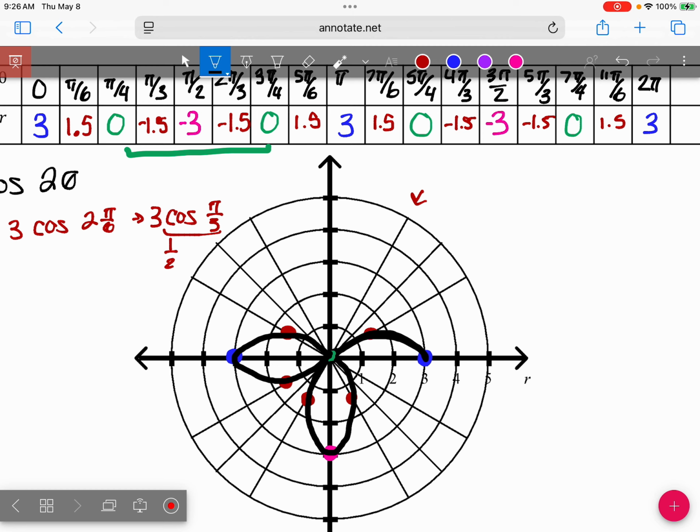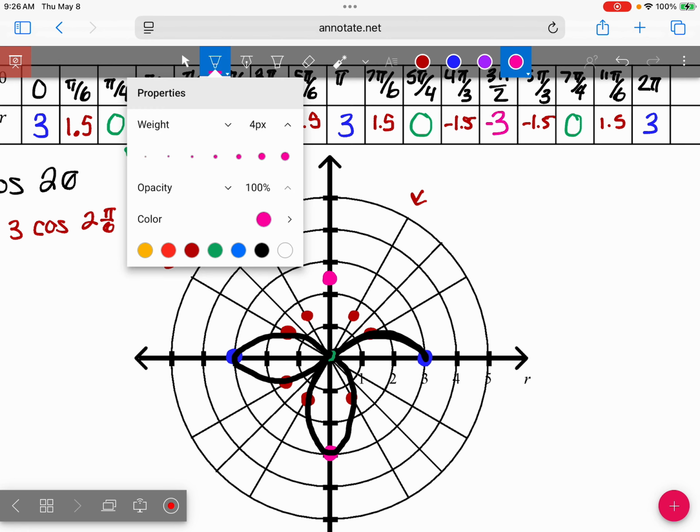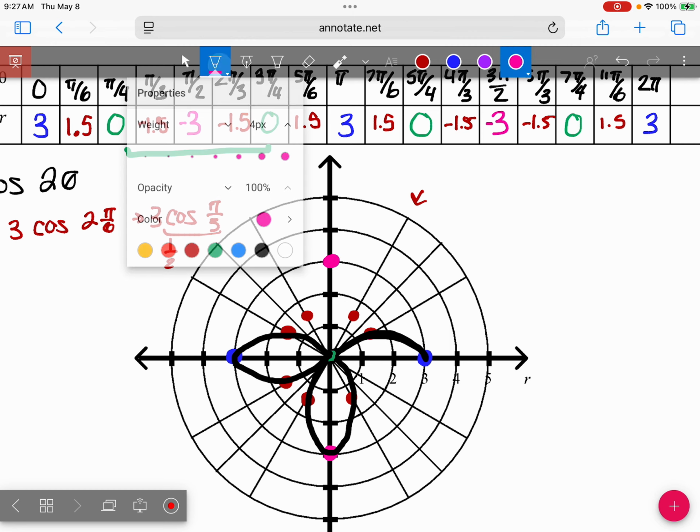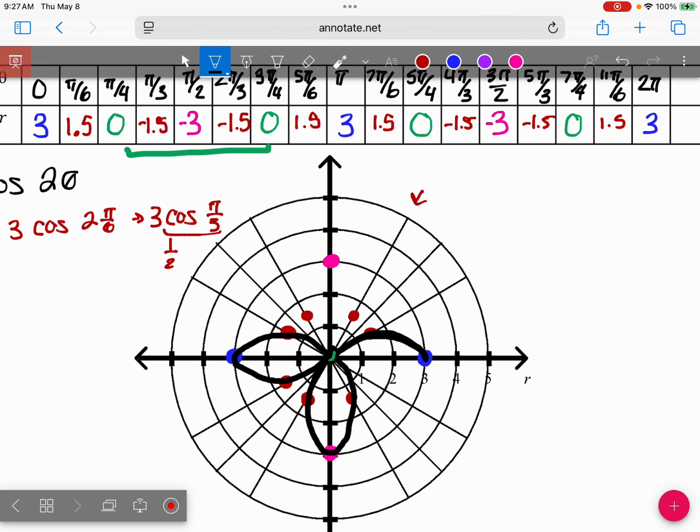So finish plotting them up. We should get, with our -3, looking like... Wait, lower. It shouldn't be. I'm good at counting is what that is. That was me thinking and talking at the same time.